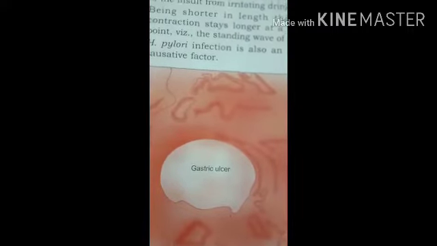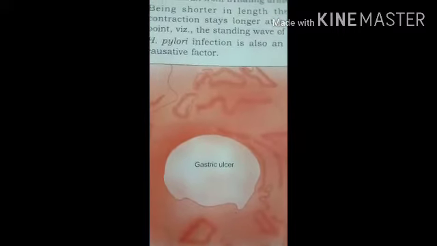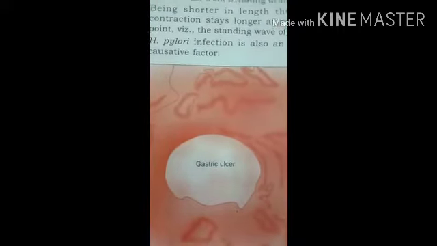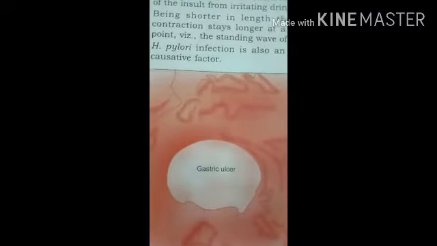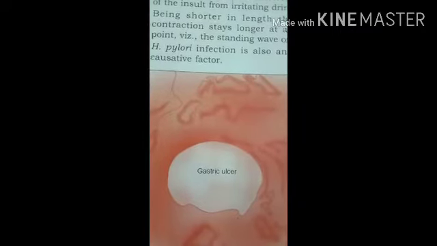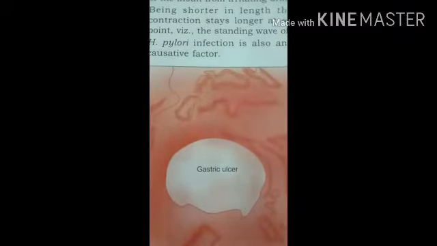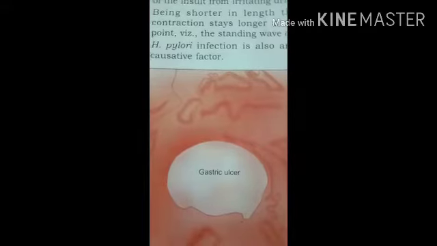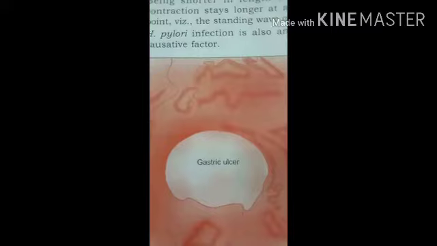One is the skiagram, also called the barium meal X-ray, and the second procedure is gastroscopy. Through the nasal route or the oral route, the scope passes through the esophagus into the stomach, and because of that the interior of the stomach can be visualized. So it helps in the diagnosis of ulcer, any type of carcinoma or any other pathology present in the interior of the stomach. Okay?